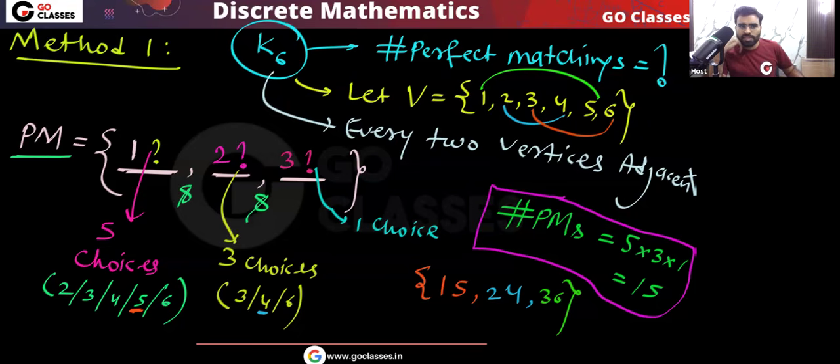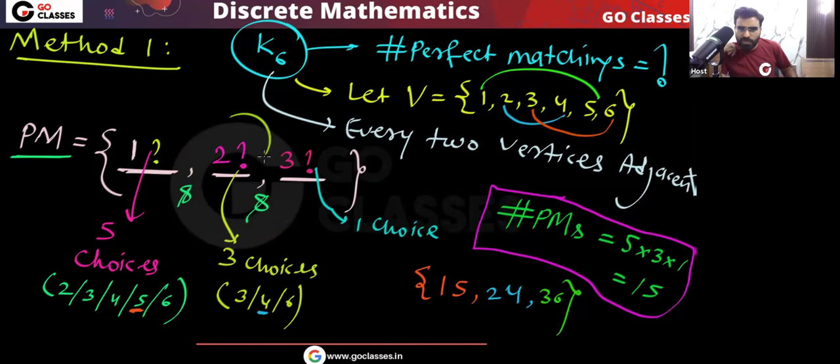Yes or no? So you can see that to cover all the vertices, I must cover the vertex 1 also. So I will find the partner of 1. There are 5 choices. Once I have found a partner of 1, I will see what the remaining vertices are. In the remaining vertices, the minimum numbered vertex is 2. So for this 2, I will find a partner. How many choices? 3 choices.